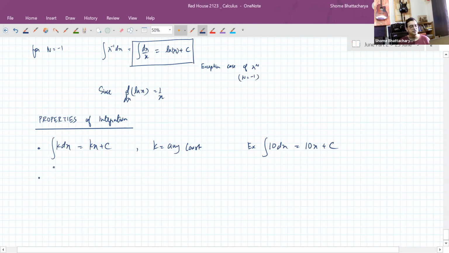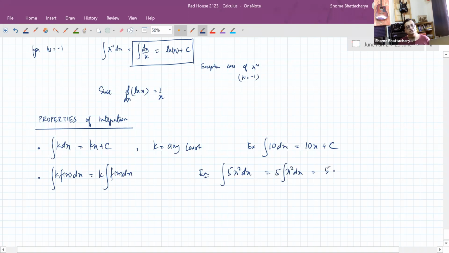Then second thing is integration of a constant multiplied by a function. The constant can be brought outside the operation. So it is the constant times integration of that function. k is any constant here also. So for example, if we are integrating 5x square, that will become 5 times integration of x square.